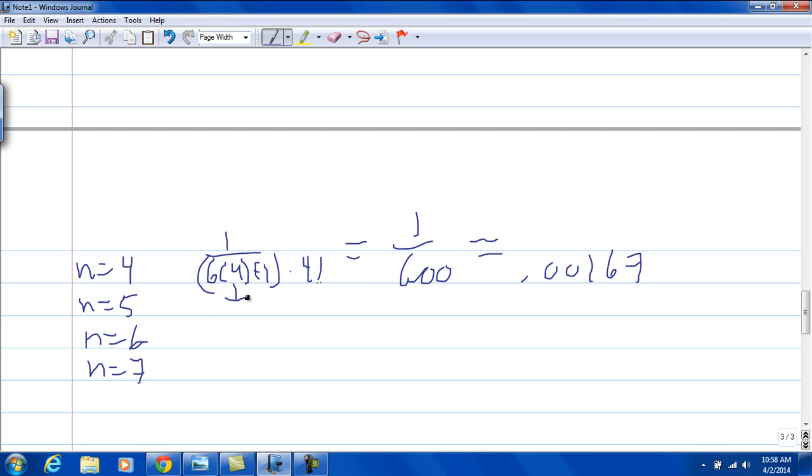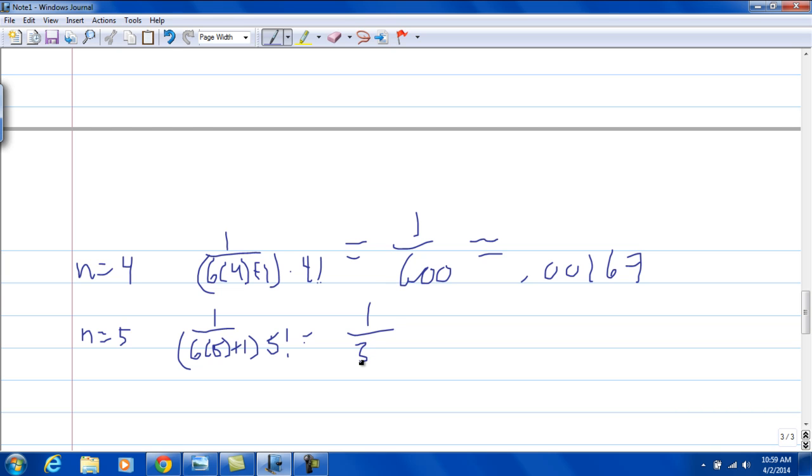It's going to be 1 over 6 times 5 plus 1 times 5 factorial. So 6 times 5 is 30, 31, 31 times 120.